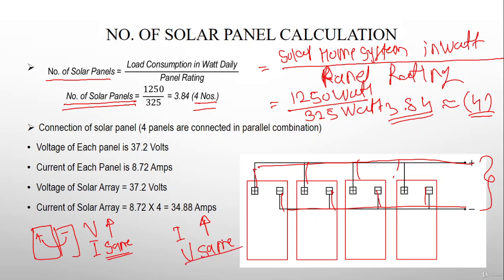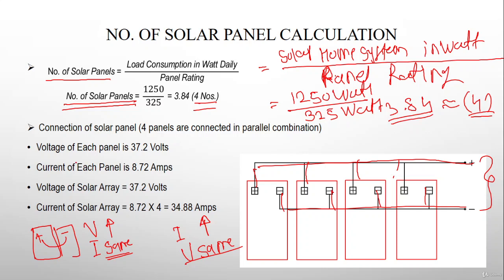Now, as far as our design is concerned, if we connect the 4 solar panels in series and parallel combination, what could be the voltage and current we get at the end?